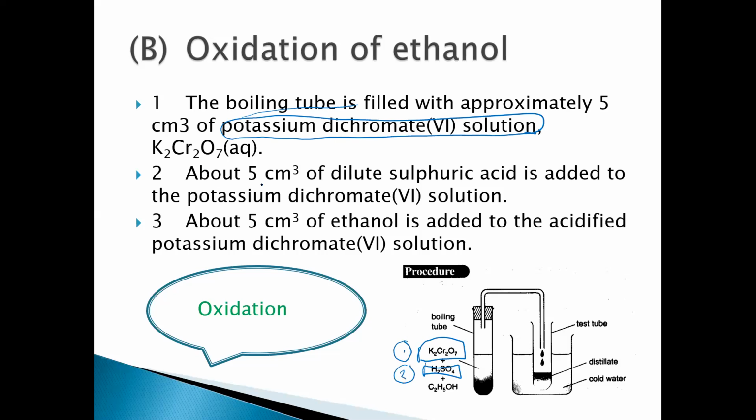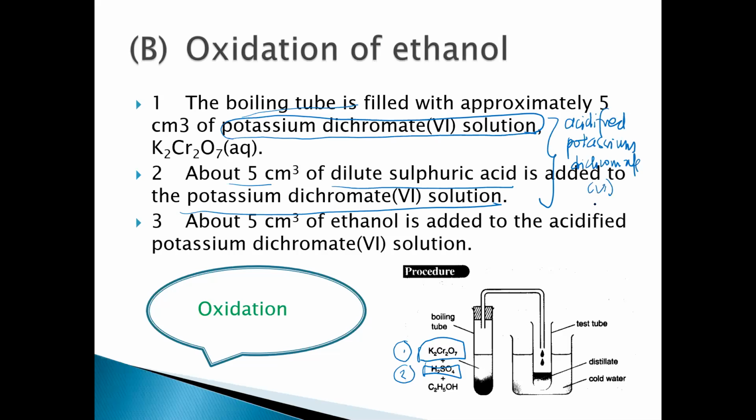Then you add 5 cm³ of sulfuric acid into the dichromate solution. When the teacher adds acid to potassium dichromate, it becomes acidified potassium dichromate 6 solution. Do you understand? We combine step one with step two to get acidified potassium dichromate 6 solution.